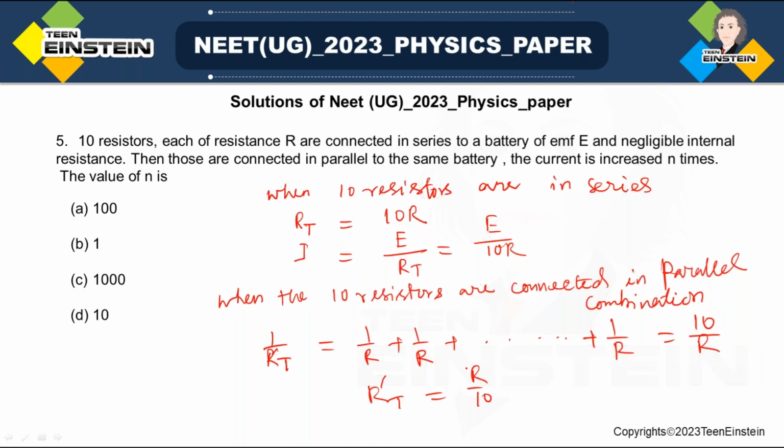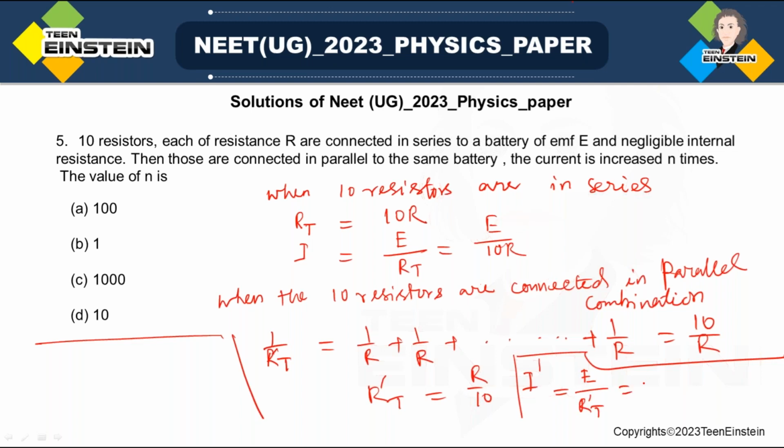Now what is the new current? This is the resistance. Then the new current I prime will be E by R prime total, and that is R by 10.